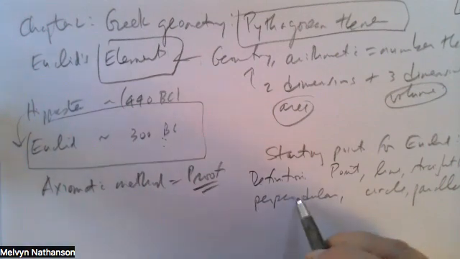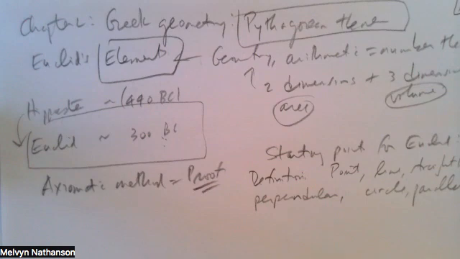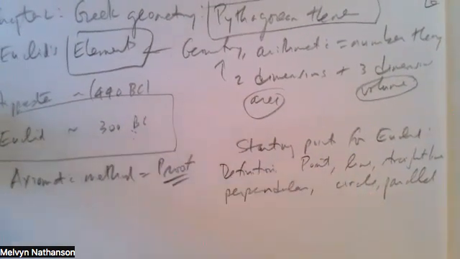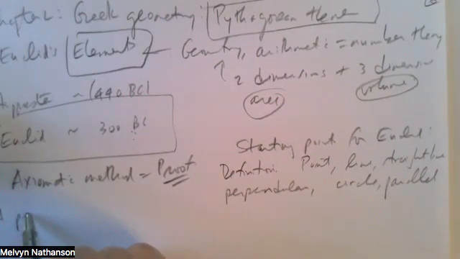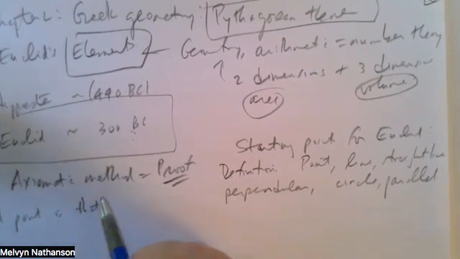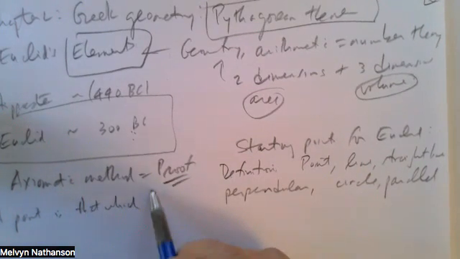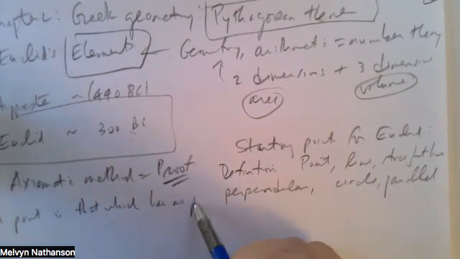Now, you might say some of his definitions are so vague they're almost meaningless. So, for example, he says a point is that which has no part.